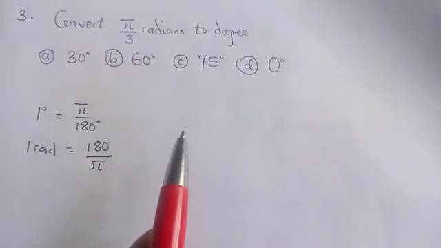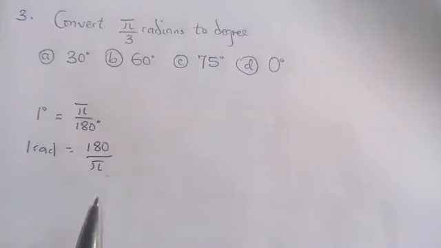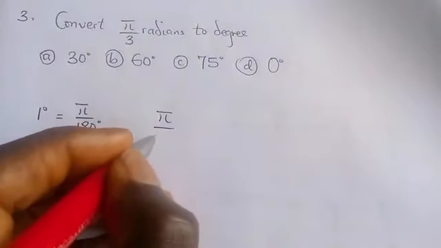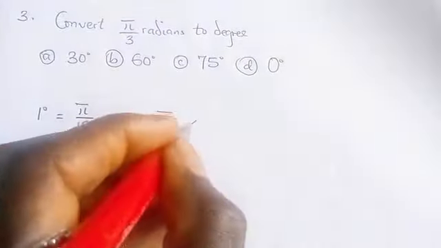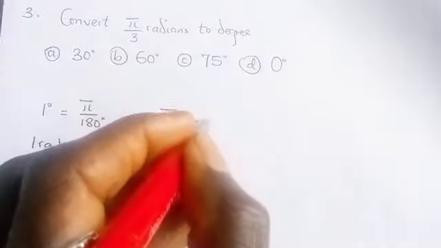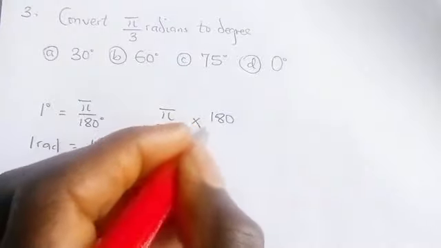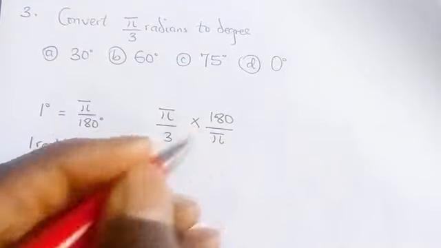So the conversion factor that we are going to multiply pi over 3 by is 180 over pi, because we are converting from radian to degree. So we have pi over 3 multiplied by 180 over pi.